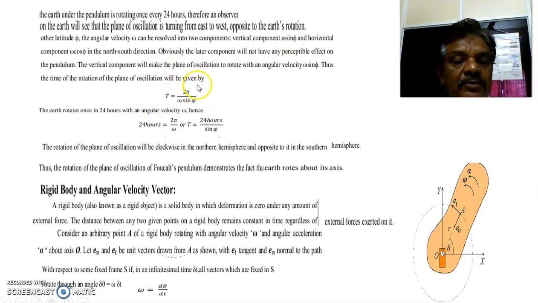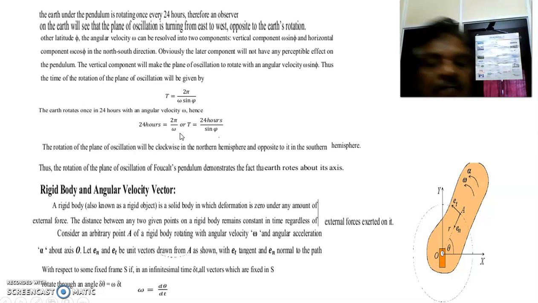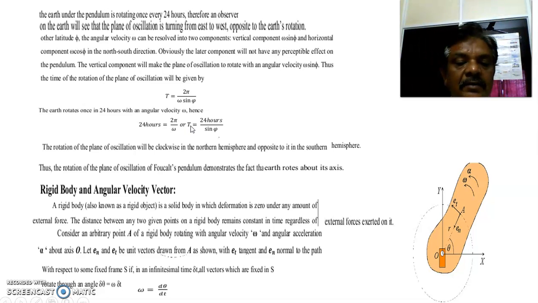So 24 hours is equal to 2 pi by omega sin phi, and from this we calculate T is equal to 24 hours by sin phi. This 2 pi by omega is the time period of the Foucault pendulum.